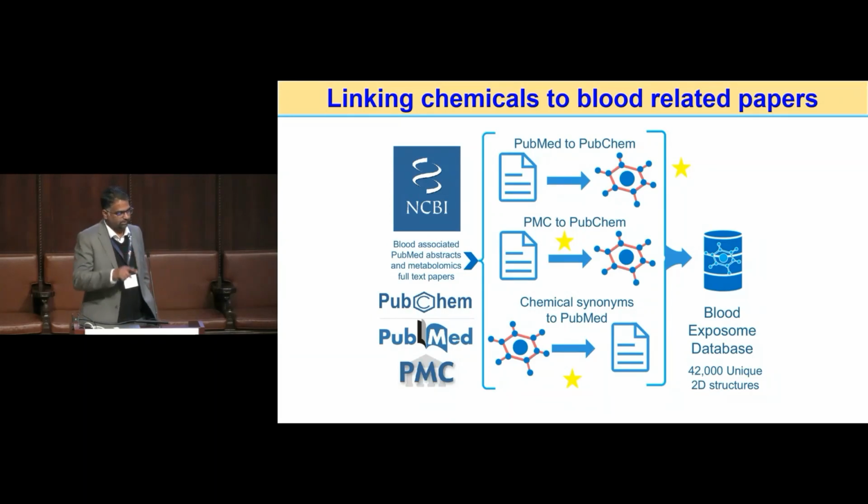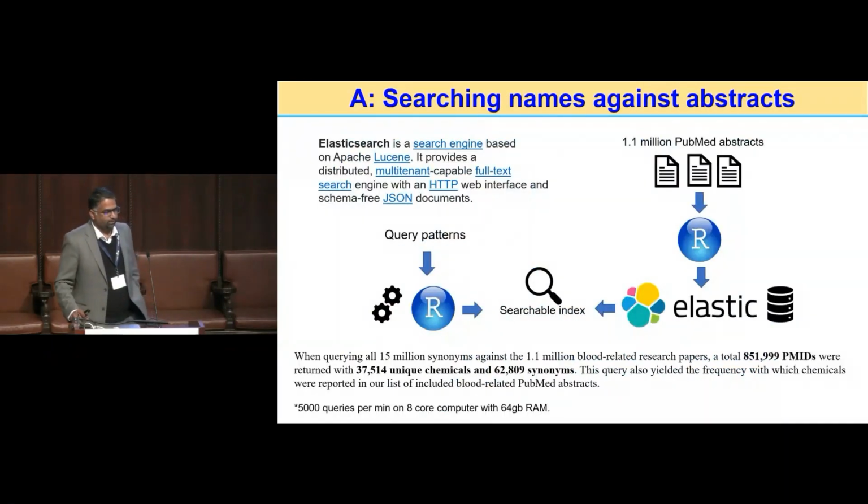So we can get 3 lists, and when combined together and filtered by PubMed abstract, that will give you a master list of how many compounds were ever reported for blood specimens.